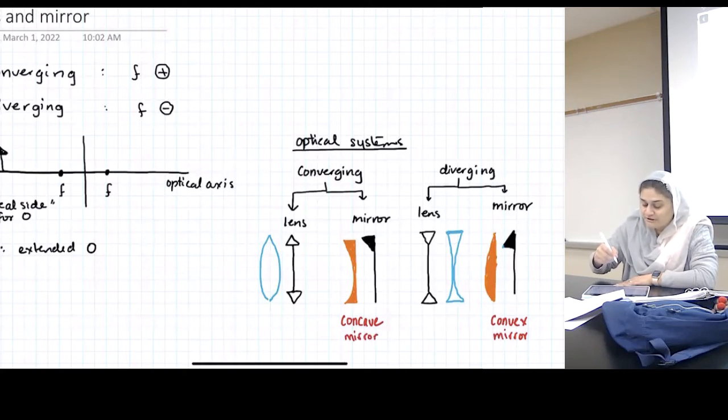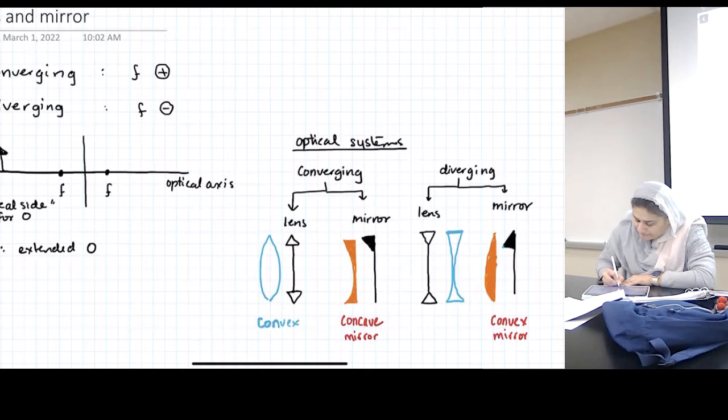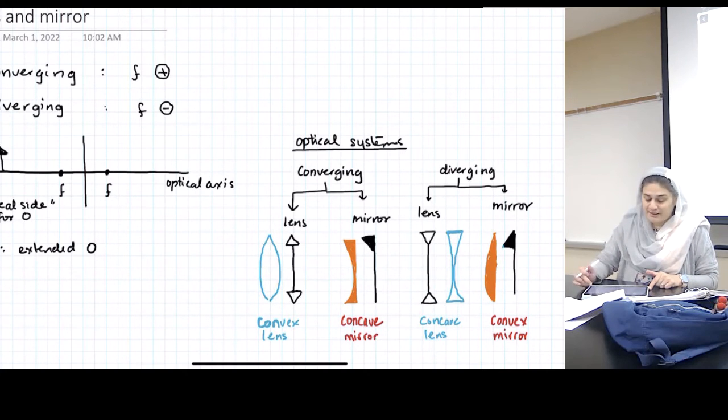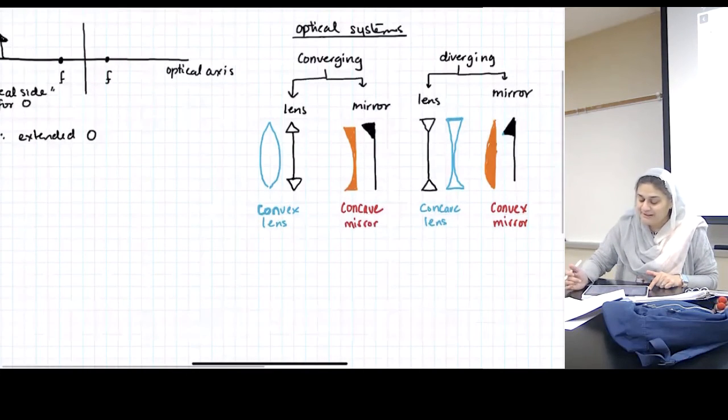The converging lens is the convex lens, and the diverging lens is the concave shaped lens.